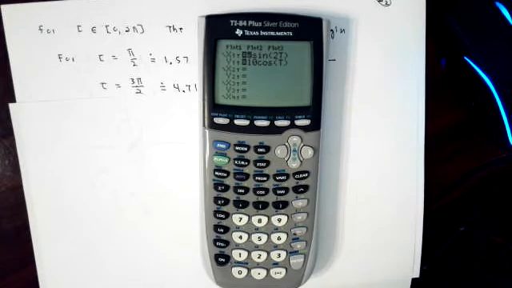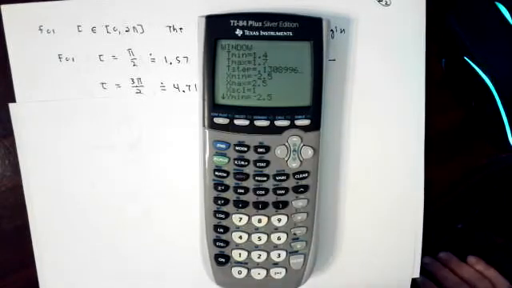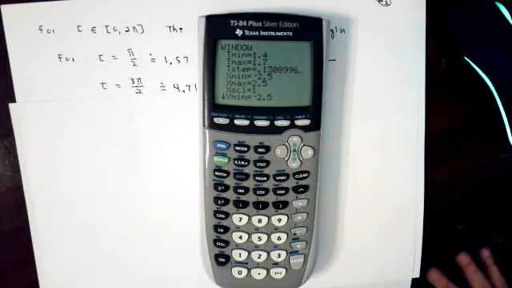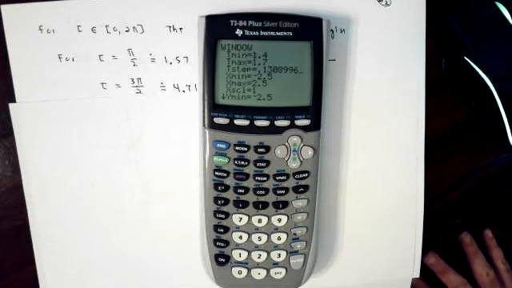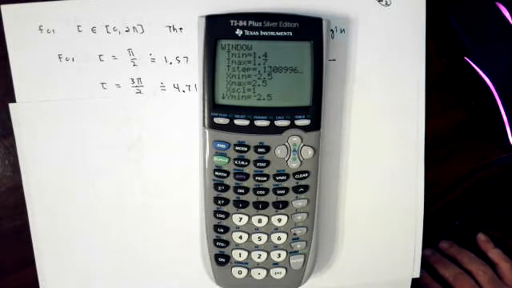Having put my functions in, I've adjusted my window to start at t equals 1.4 and end at t equal 1.7. I had to experiment around a little bit to find window settings that would give me a nice representative picture of what I'm interested in and not anything else.